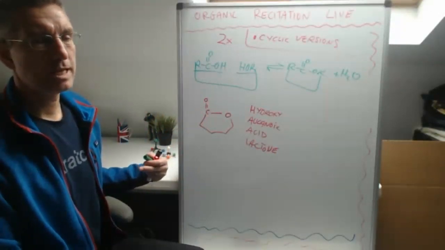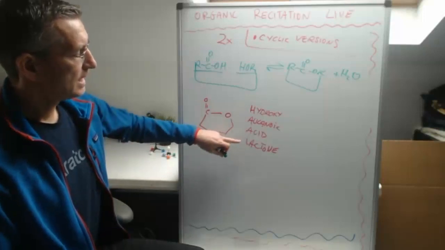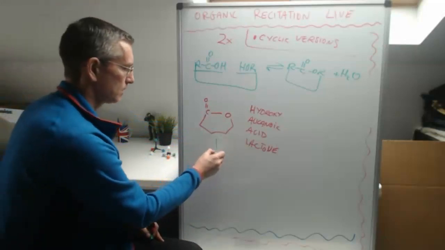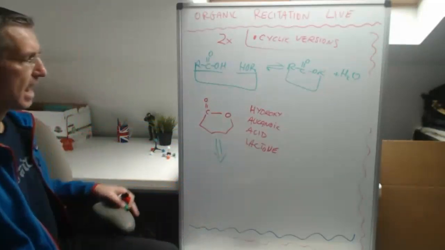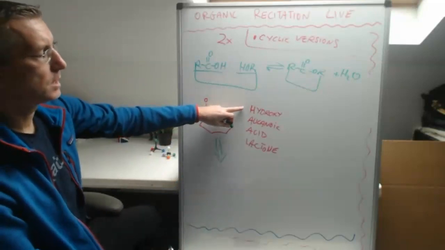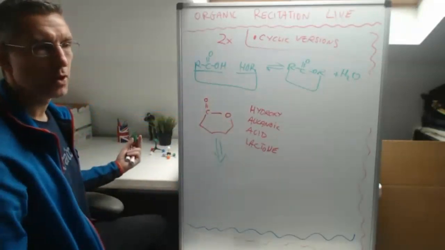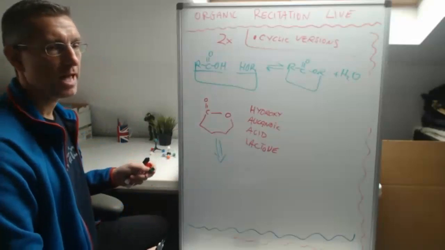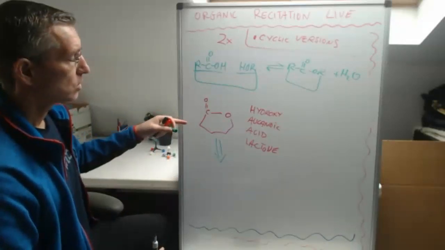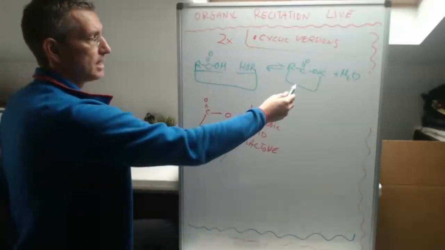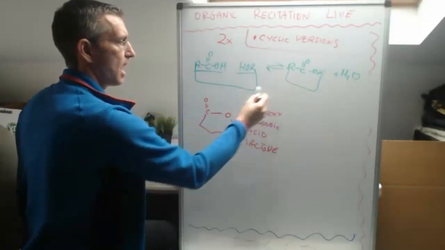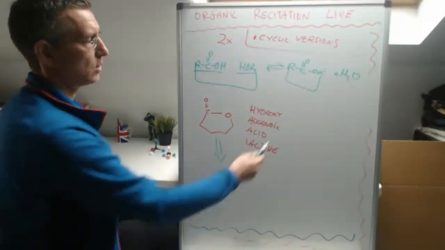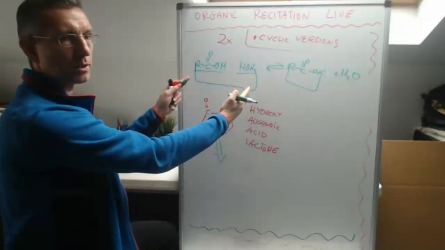So if you're going to name a lactone, IUPAC says that you have to name it as the hydroxy substituted carboxylic acid that would react with itself to give you the corresponding cyclic ester. You basically name this as this molecule, and then you add the word lactone. So this is the lactone of this molecule.